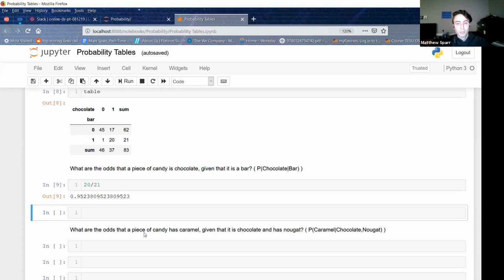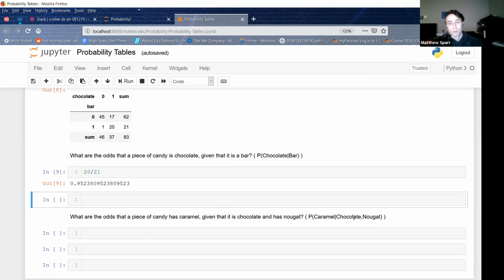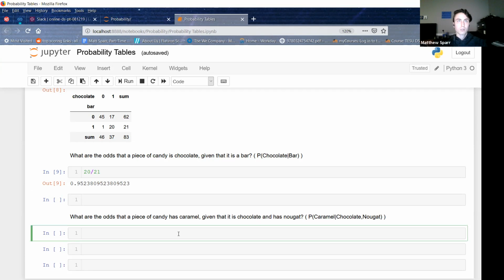So now we can make it a little more complicated by adding 2 clauses in here. So we're going to calculate the probability that a piece of candy has caramel, given that it both has chocolate and has nougat. So to do this, we can create another pivot table. And this time, we want to pass in the 3 columns that we need.